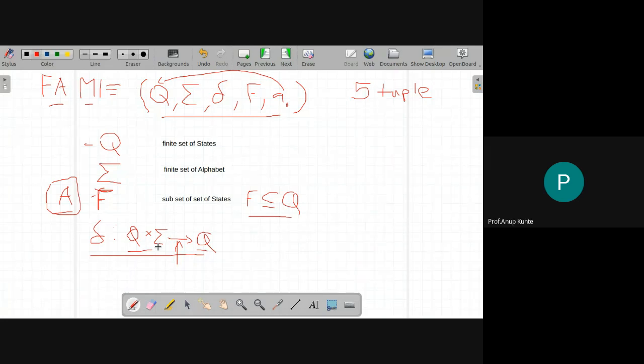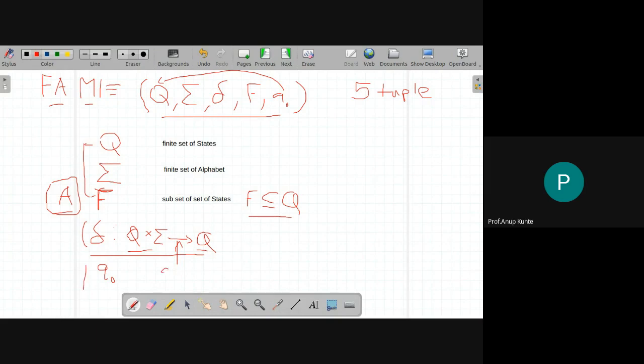Okay. Now, it is not just that for finite automata, this particular mapping is present. There is one more thing, and that is Q0. Now, what is this Q0? I told you that in the definition of these devices, few things are sets, few things are functional mappings, and few things are elements.